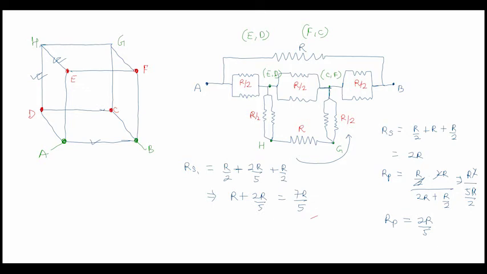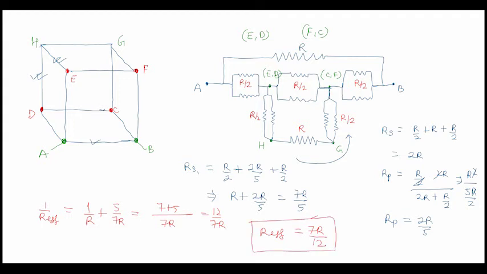So I write 1 by R effective is going to be 1 by R plus 5 by 7R. So we write it as 7 plus 5, that is 12 upon 7R, and the effective value of resistance is going to be 7R by 12 for this particular network. So we have solved it using this method.